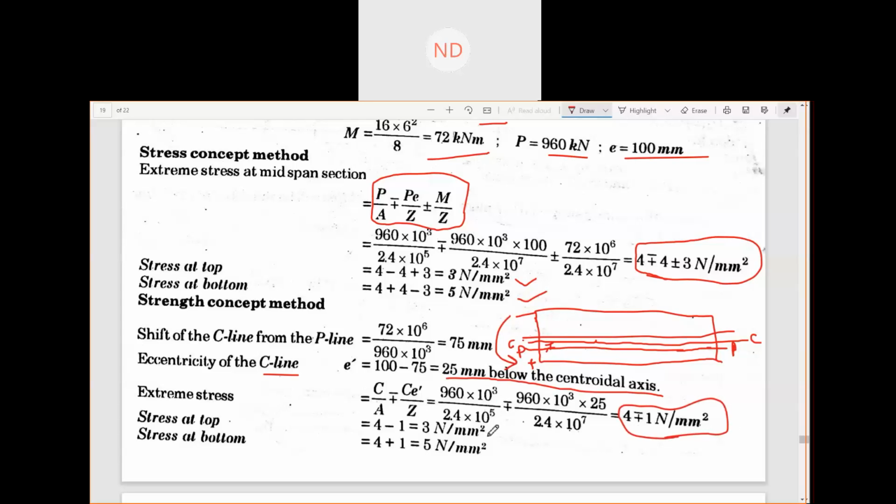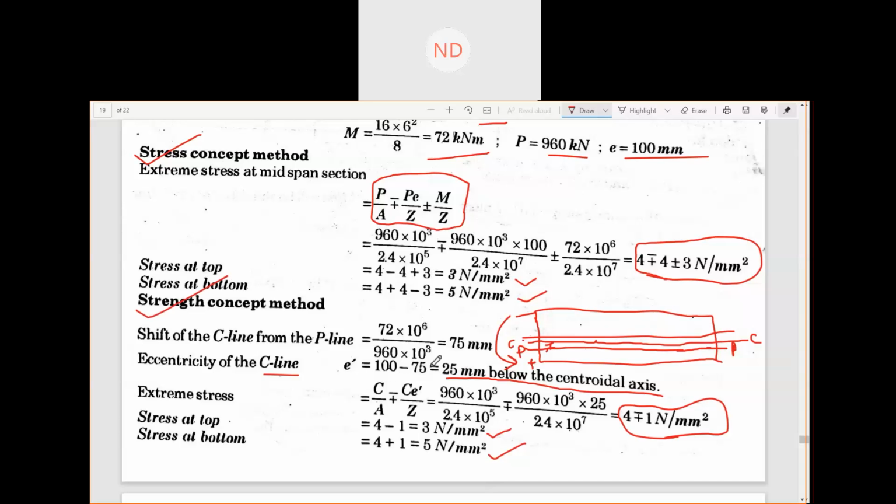That gives your top stress to be 3 Newton per mm square and your bottom stress to be 5 Newton per mm square. So you can see that whether you do it by the stress concept method or by the strain concept method, your total stresses are always the same, whether it be the top stress or the bottom stress. 3 Newton here, also 3 Newton; 5 Newton at the bottom, here also 5 Newton.